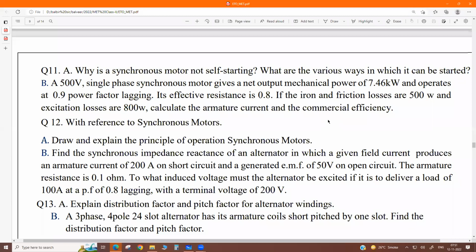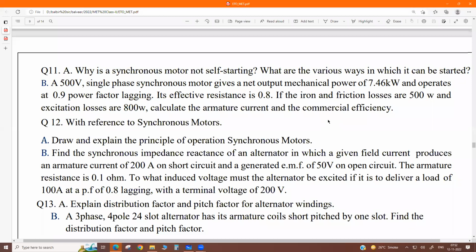Already I shared some notes on the synchronous machine explaining the working principle. When we connect the synchronous motor to a three-phase supply, poles are created on the stator. The same number of poles are created on the rotor also, and they are magnetically coupled.